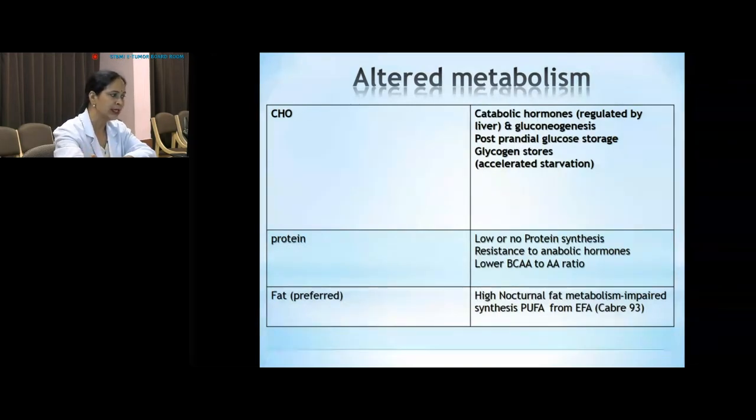Here fat is restricted because of the self-imposed diet, and so there is altered fat metabolism with impaired synthesis of PUFA and MUFA. Patients themselves restrict fat intake, like saying they will not eat fried food, and even restrict the daily amount which is really required by the body.